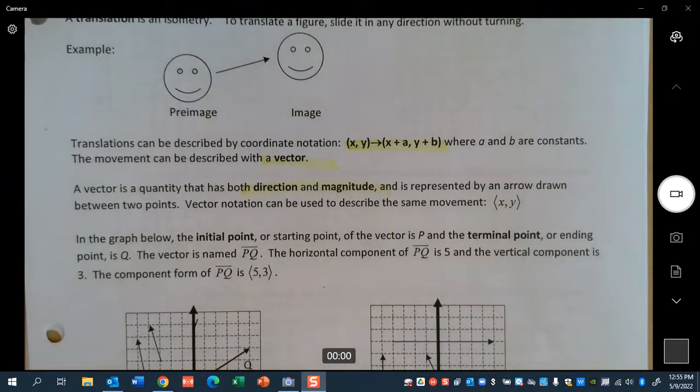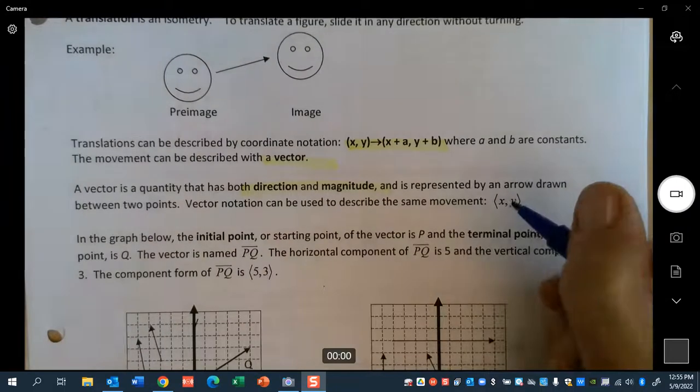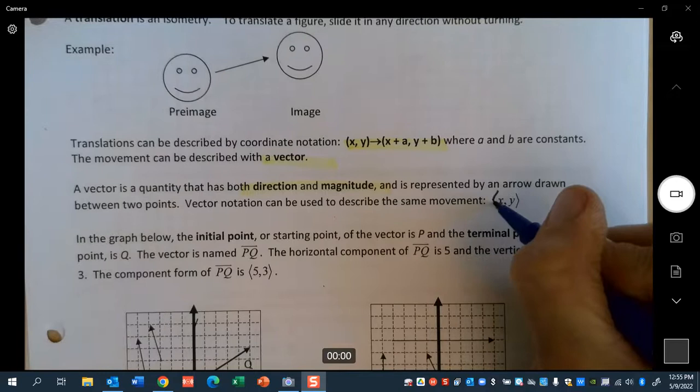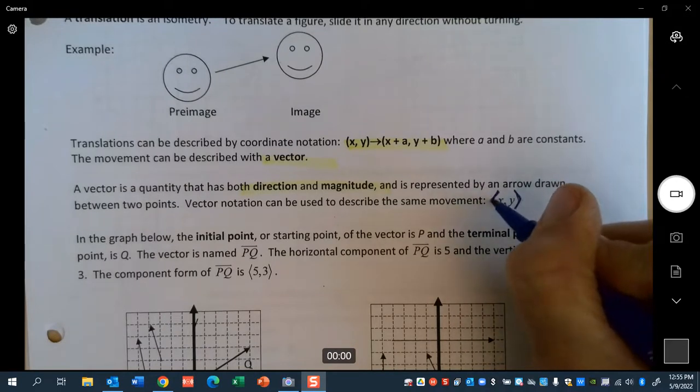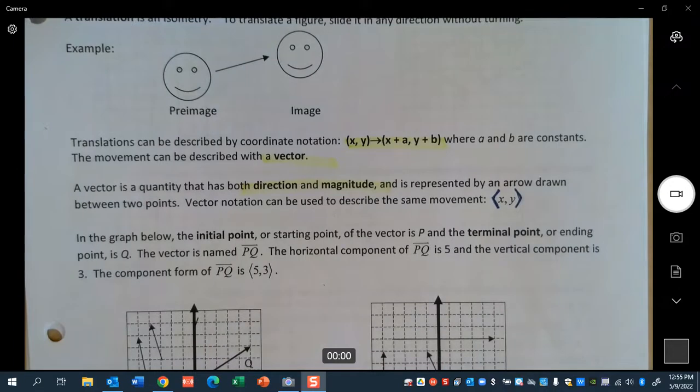And it's represented by an arrow drawn between 2 points. Vector notation can be used to describe the same movement, and they have what we call angle brackets. They're not parentheses. They are parentheses with a point. We can call them angle brackets.